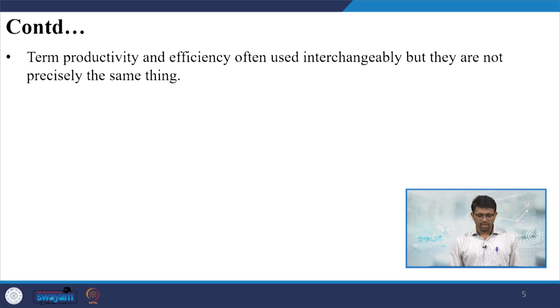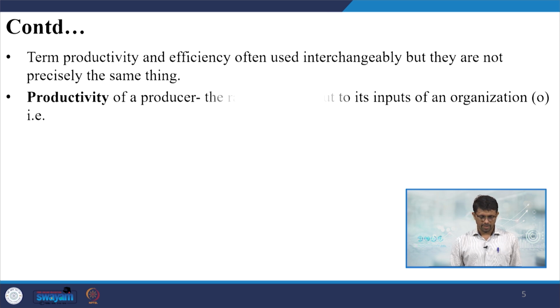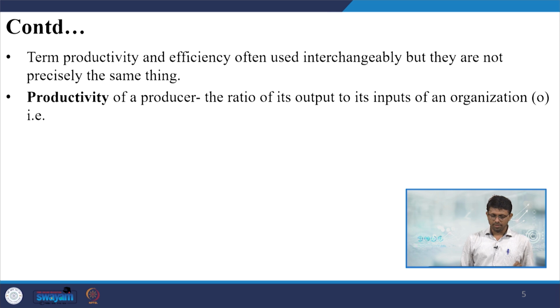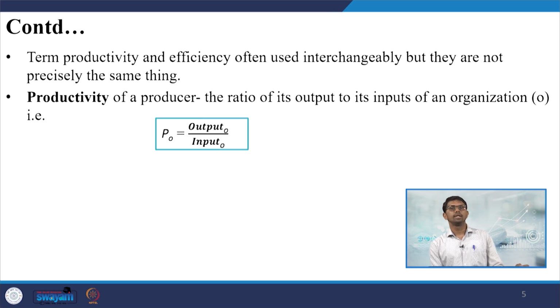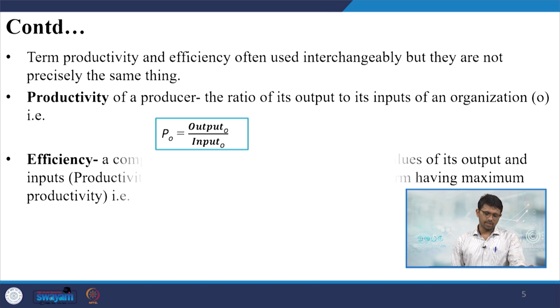The terms productivity and efficiency are often used interchangeably, but they are not precisely the same thing. Productivity of a producer means the ratio of its output to its inputs. Here O stands for output, so the ratio is output by input, defining productivity.